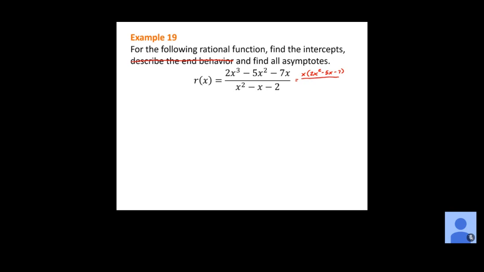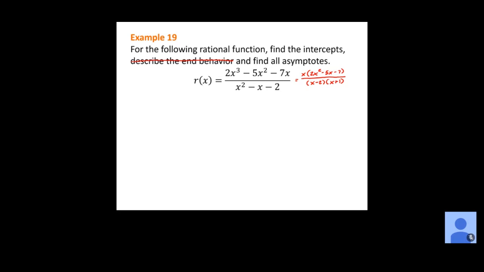What about your denominator? How would we factor that? Good, so our factors there would be an x minus 2 and an x plus 1. All right, let's go back to the numerator.